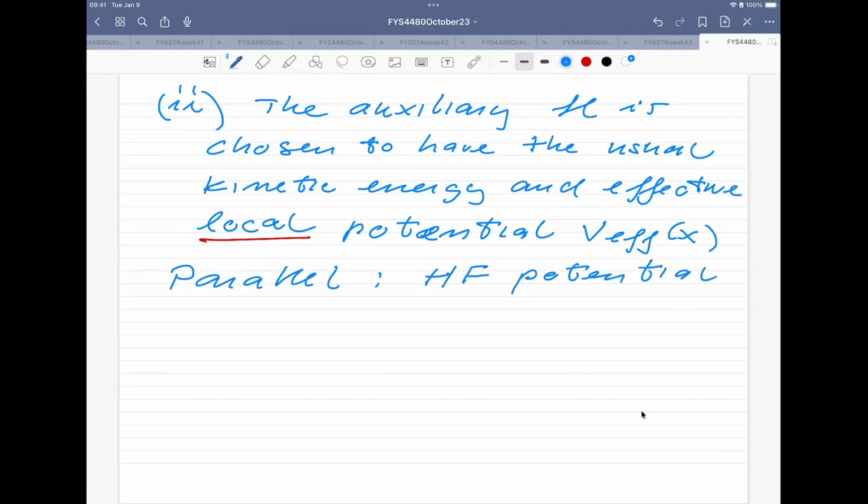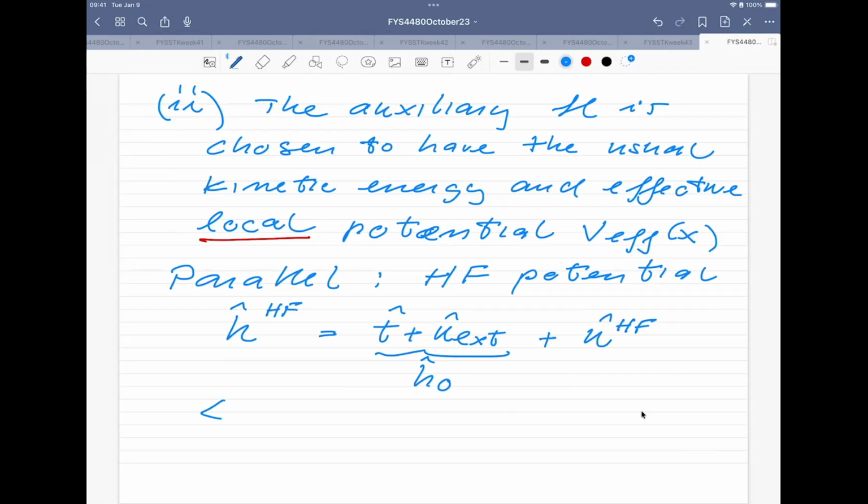So if you think of the Hartree-Fock Hamiltonian, you can think of that as an auxiliary Hamiltonian, where we had H Hartree-Fock, which was then given by the kinetic energy, T, plus this term U external. So I'm just writing this a little bit different. And we label this one as an operator H0, plus a U Hartree-Fock.